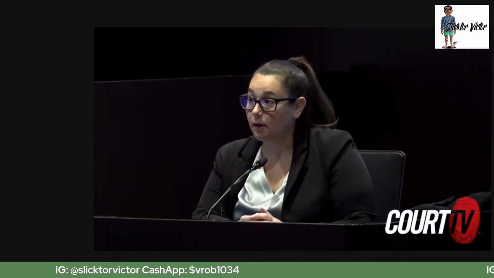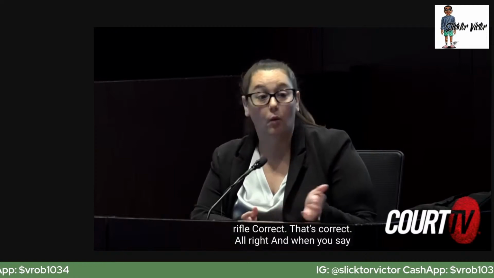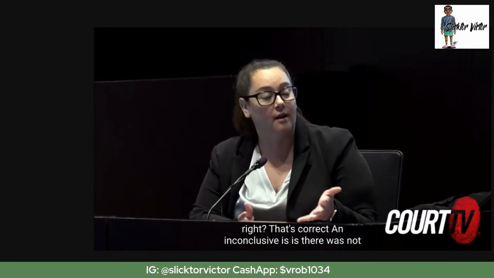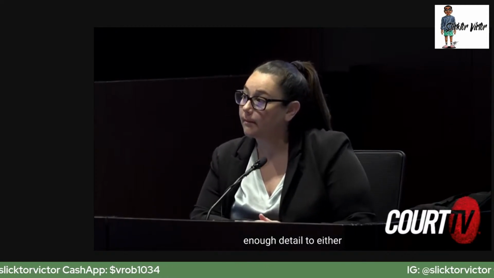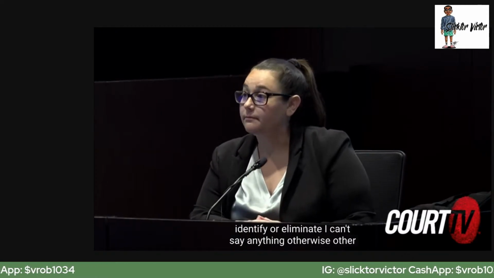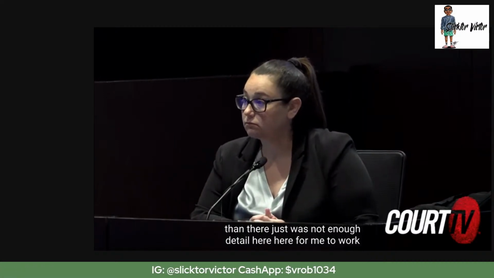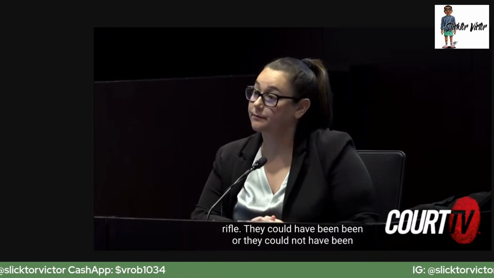That's correct. An inconclusive is there was not enough detail to either identify or eliminate. I can't say anything otherwise other than there just was not enough detail for me to work with. And they certainly could have been fired out of that rifle. They could have been, or they could not have been. And there's nothing to say they weren't. Correct. You were not able to eliminate them. Correct.